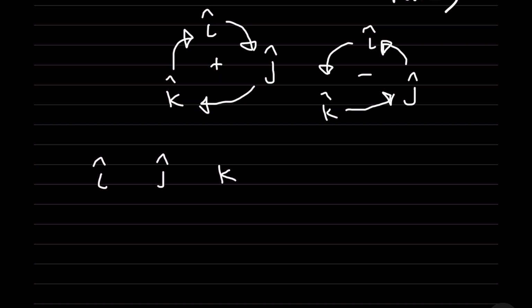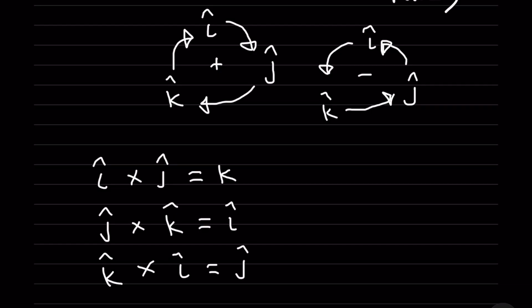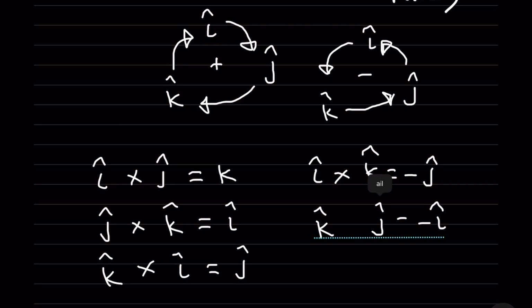So if you write i hat, j hat, k hat in the pattern that I do on the screen, the result is positive. On the other hand, if you follow the second mnemonic device, you see that the result is negative. So in this mnemonic device, you simply have to follow the arrangement of the unit vectors.